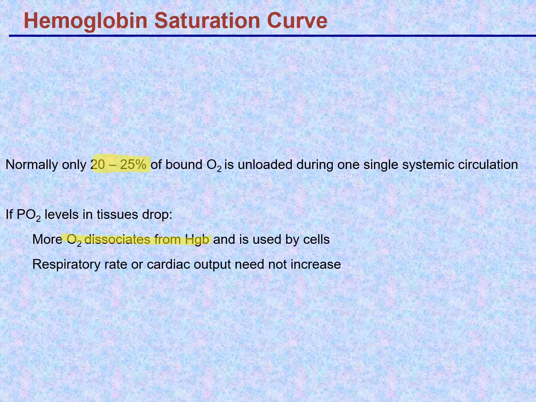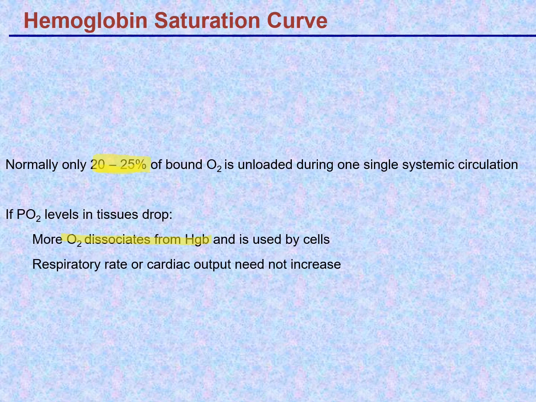You only need 20-25%. The blood is returning to the heart through the venous side of the circulation still carrying at least 75% of the oxygen that it had. So there's no need for respiration rate or cardiac output to change to meet any increased oxygen requirement, because you still have lots more oxygen.